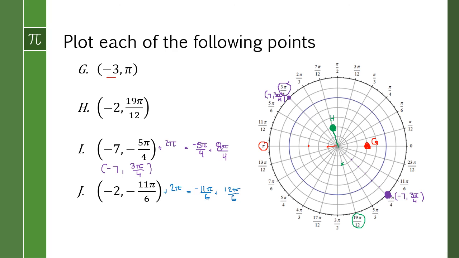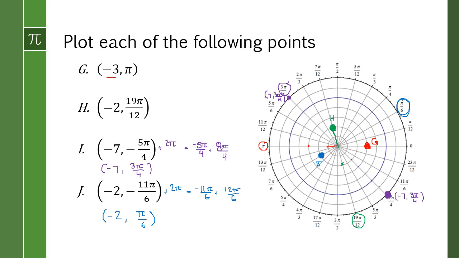So that would be equivalent to an angle of 1 pi over 6. So this point is equivalent to the point negative 2 comma 1 pi over 6. So my angle is 1 pi over 6, and since the radius is negative, I would go 2 units away from that angle point. So I would end up with point J being right there.